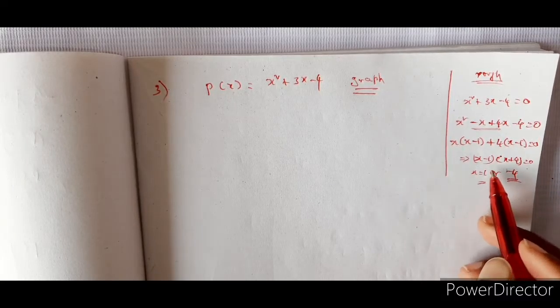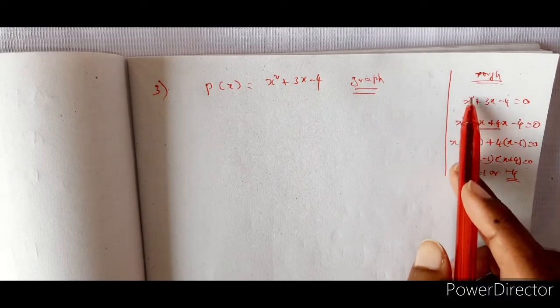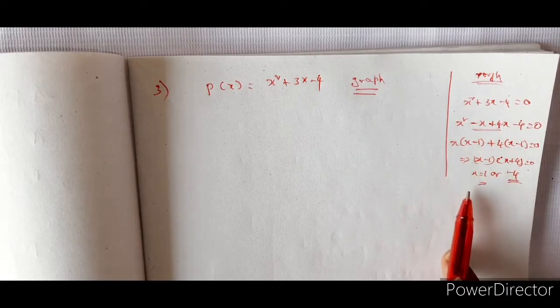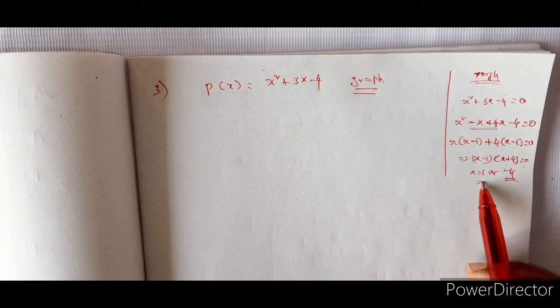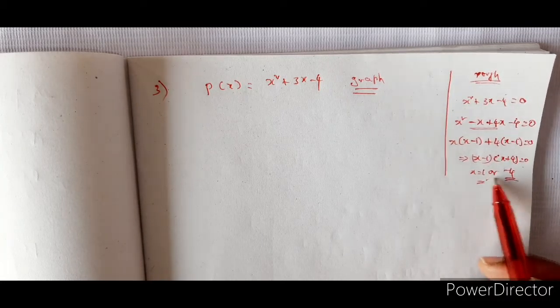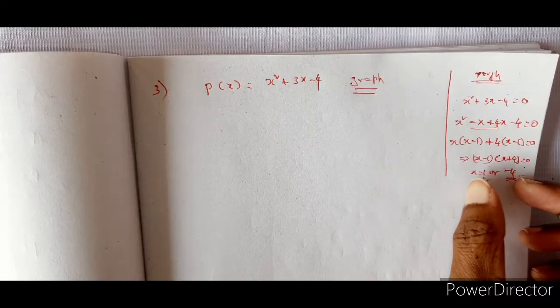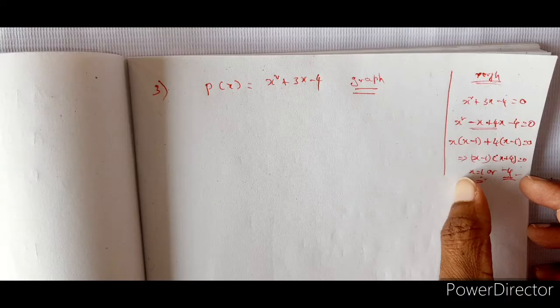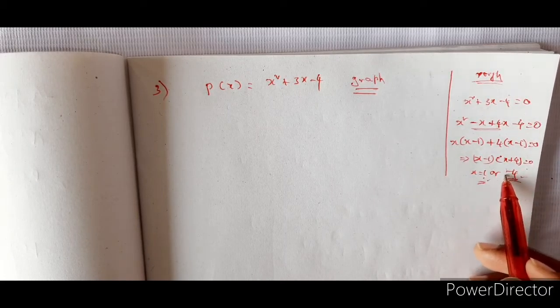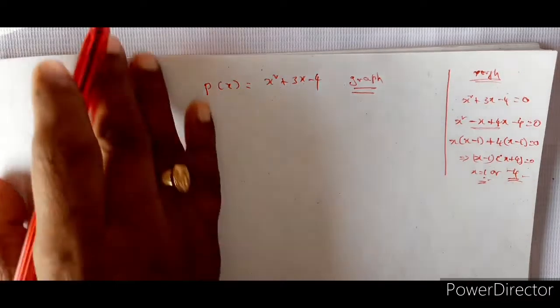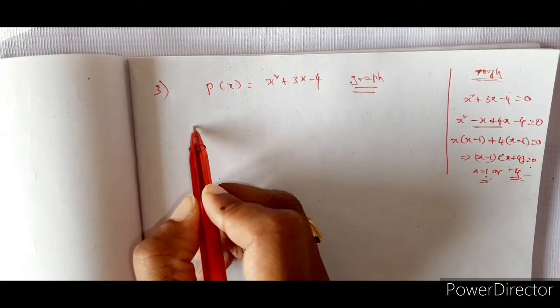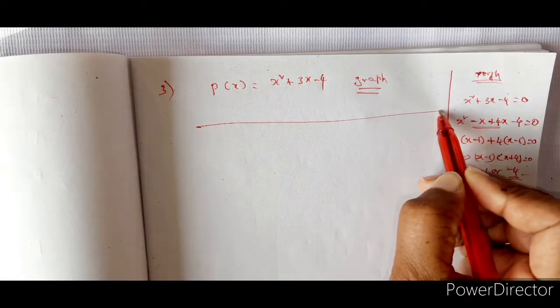So what are the two roots? Every quadratic equation will have two roots. We already said that. x is equal to 1 or minus 4. So I got x1 and x2, that means the alpha and beta values. Now in whatever values I am taking, I will also include these values. Okay. So let me start, right, let me draw a table.